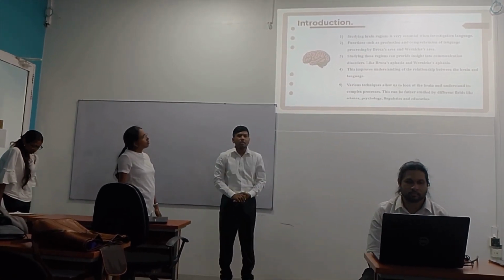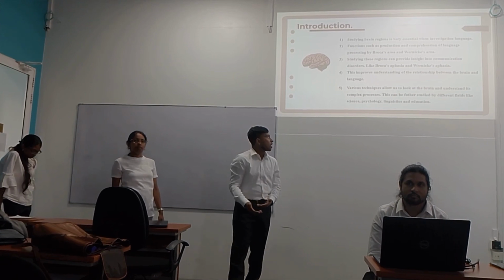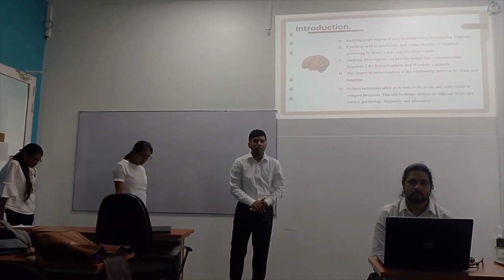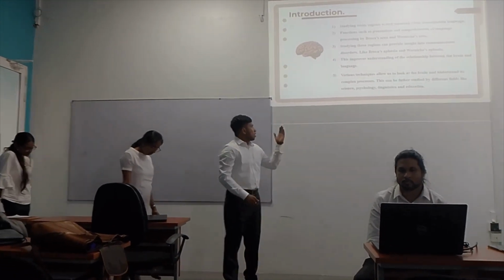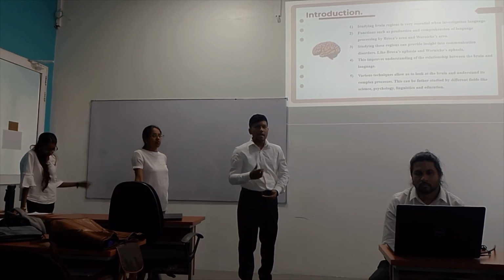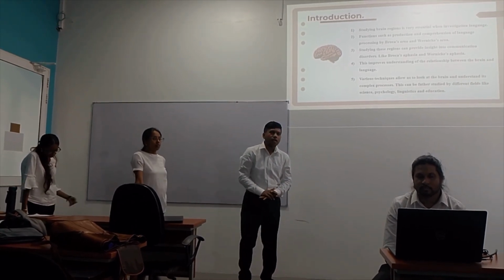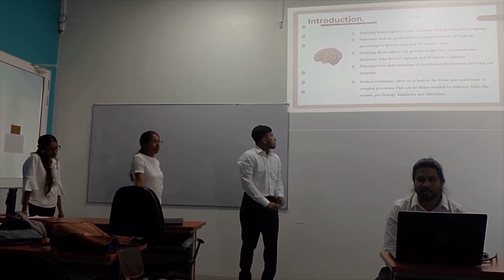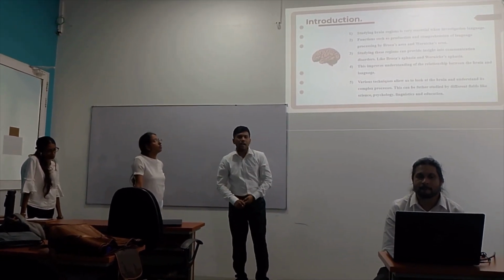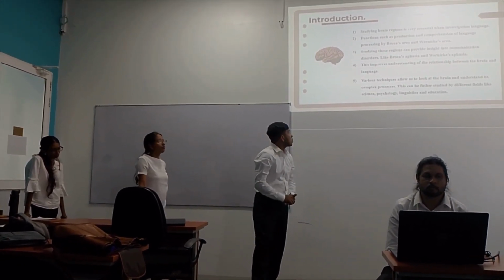Studying brain regions is very essential when investigating language. Functions such as production and comprehension of language are processed by Broca's and Wernicke's areas. Studying these regions can provide insight into communication disorders like Broca's aphasia and Wernicke's aphasia.